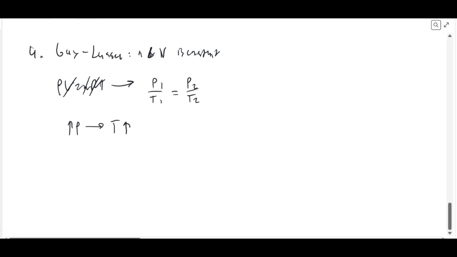One thing to know about temperature is that it must be in units of Kelvin. Therefore, if you have a temperature of 25 degrees Celsius, you'll have to add 273 to get Kelvin.